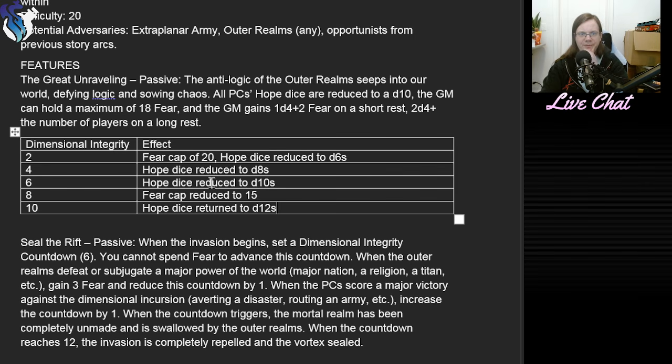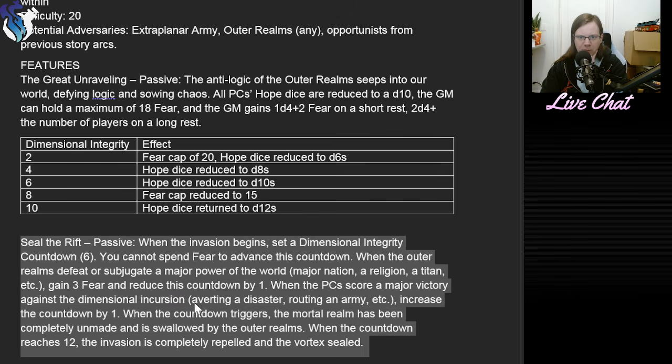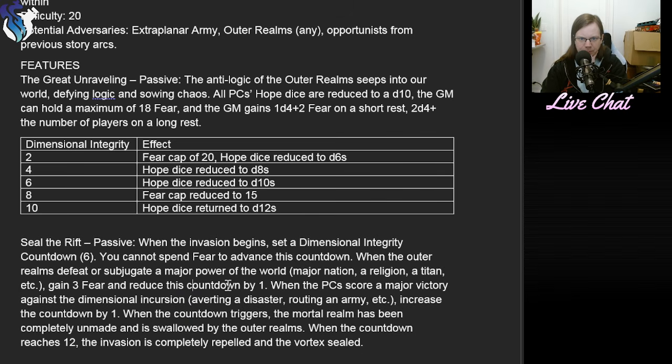How do I feel about this? This is not too bad. I don't hate this. This text is still really wordy. I could add rows here for 0 and 12 that just say invasion repelled at 12, right? And then at 0 world ends.